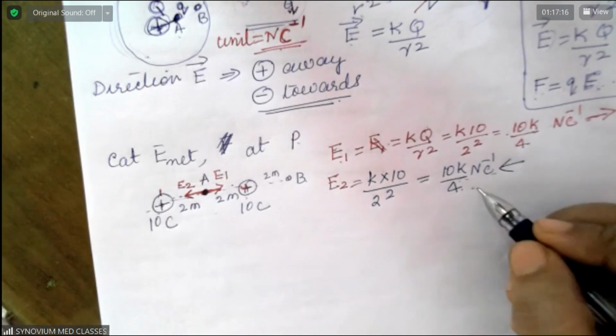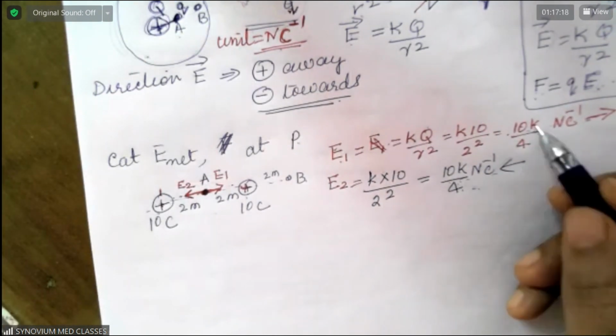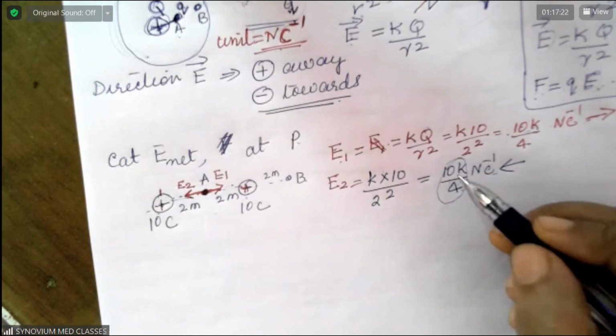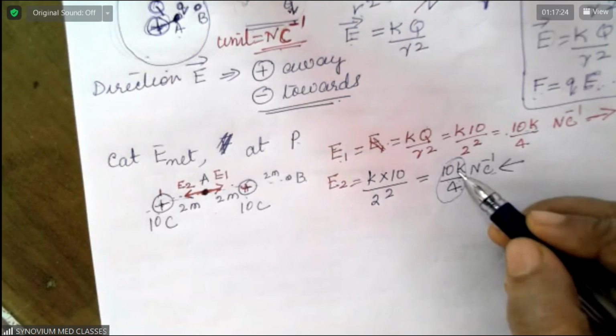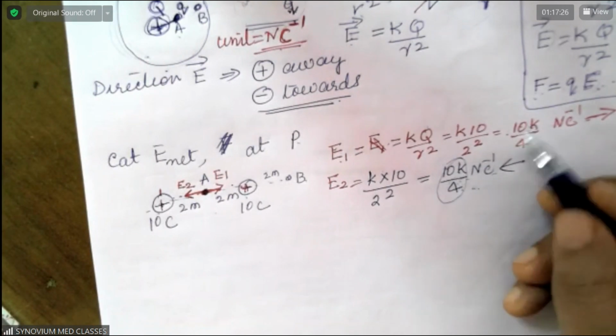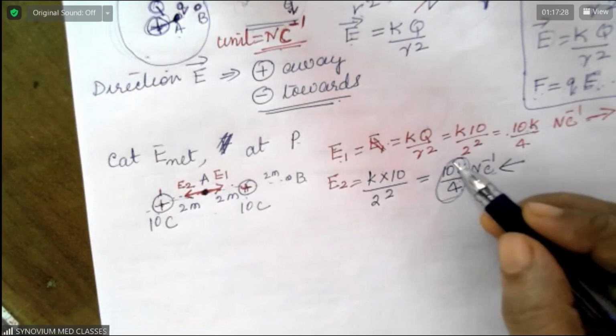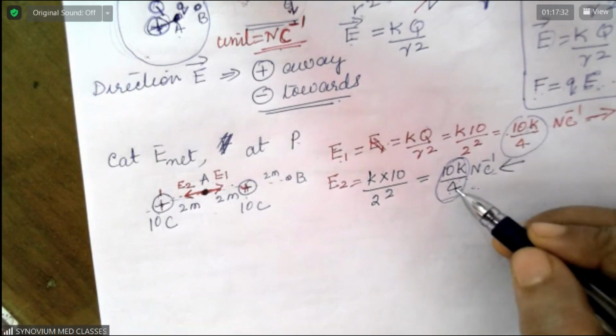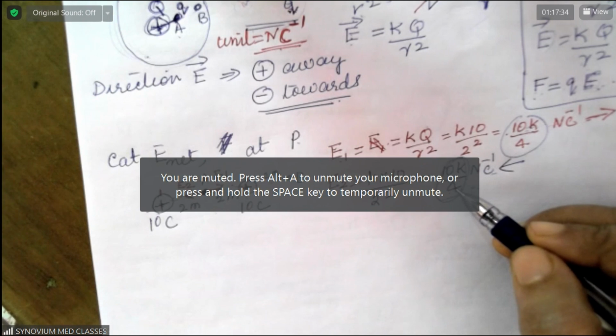Now you compare these values, they are equal. This is also 10K. I did not put the multiply by 9 into 10 to the power of 9, but they are equal. So this is 10K, this is also 10K. So what is the sum of them?